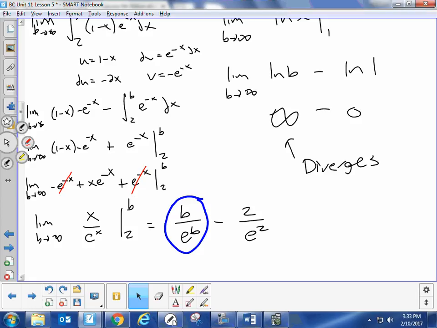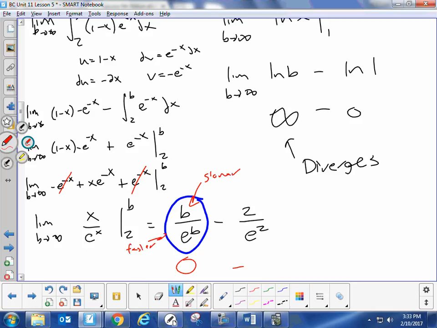So the denominator is growing faster than the numerator. We know that this is going to approach 0. So this is 0 minus 2 over e squared. Guess what? This is a situation where our area will converge toward the value.